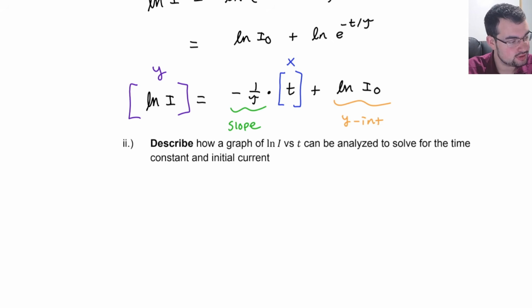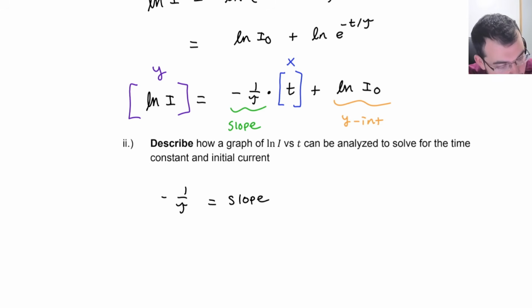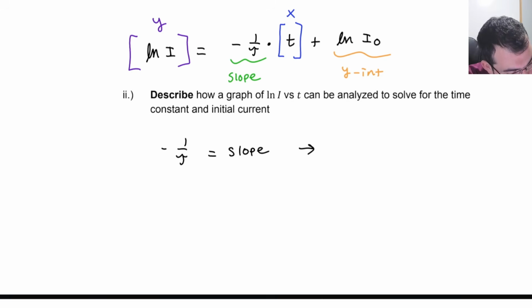All right, how can we use this graph to solve for the time constant and initial current in the circuit? Well, we know that negative 1 over time constant is equal to the slope. So this means that tau would just be negative 1 over slope.